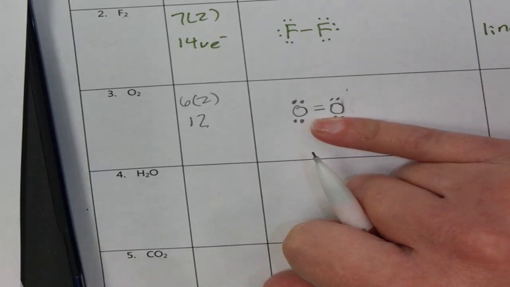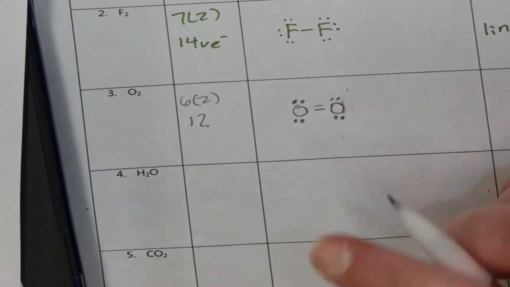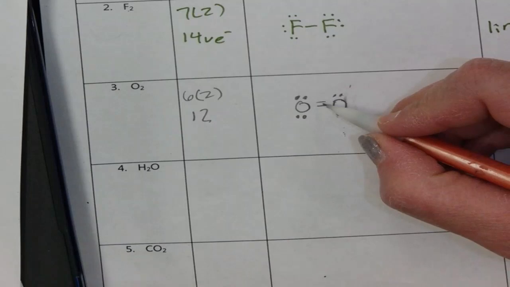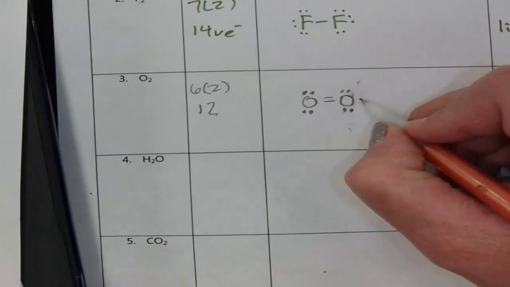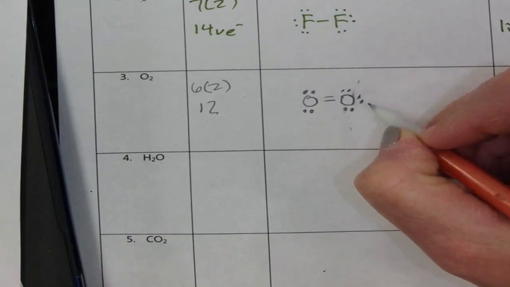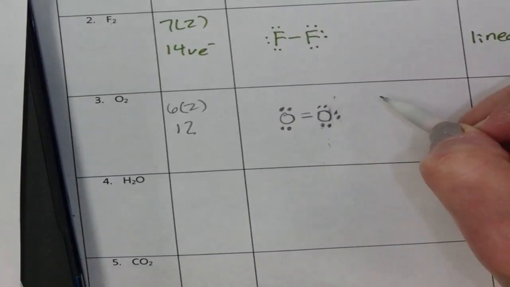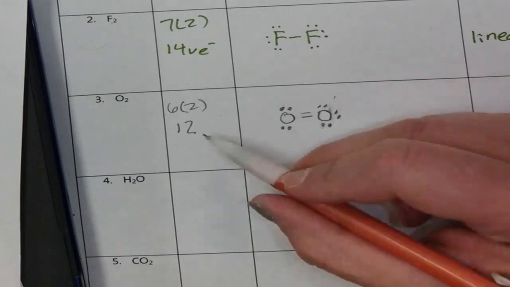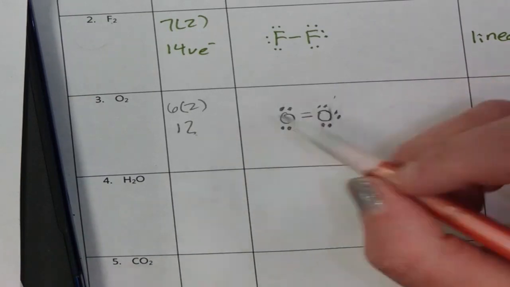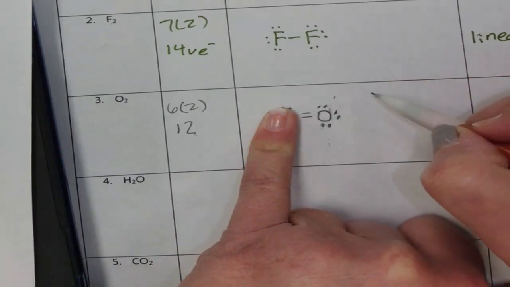You need to erase the lone pair first, because what students do is just put in a double bond here, but they don't erase the lone pair, and then they have too many. For example, let me put that lone pair I erased back. How many electrons do I now have? 2, 4, 6, 8, 10, 12, 14. I can only have 12. Also, what have I done?